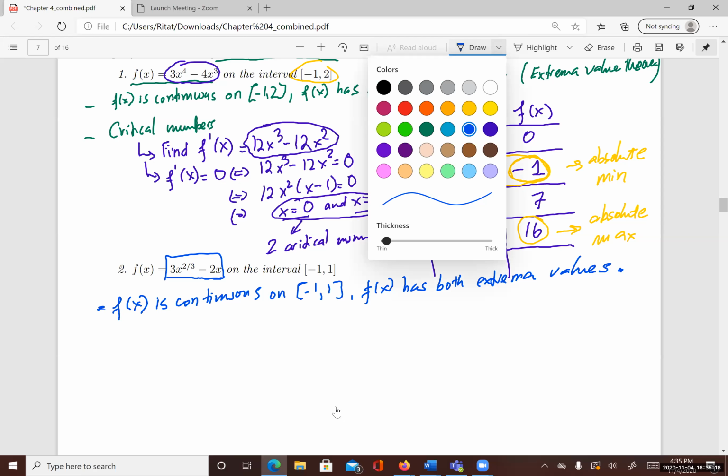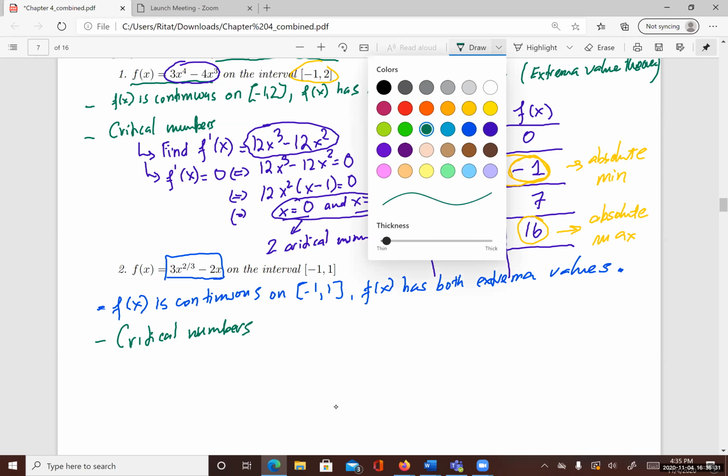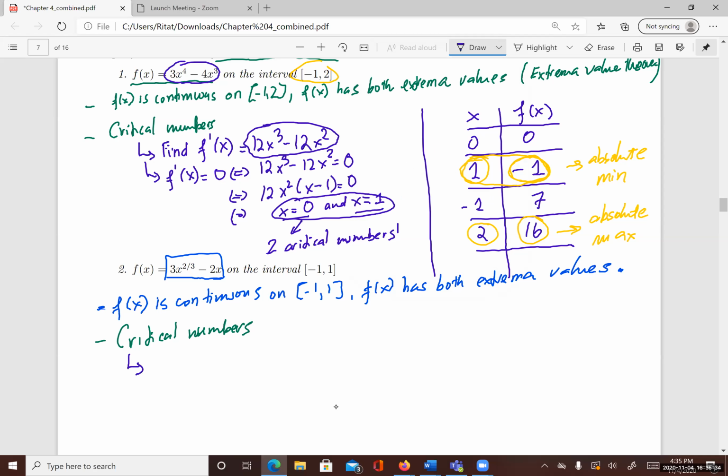It's the goal. So critical numbers. We have to find f prime of x. So f prime of x equals 3 times 2/3 x to the -1/3 minus 2, which equals 2x to the -1/3 minus 2.